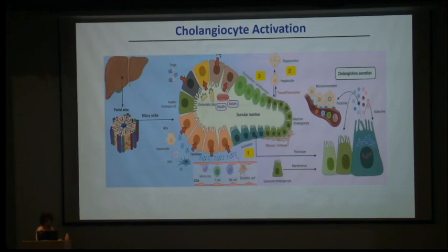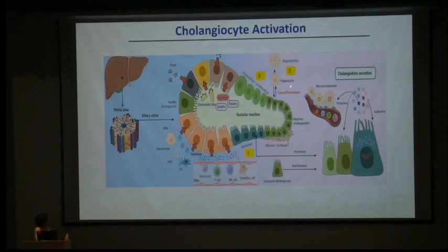The small and the large cholangiocytes sometimes maintain without activation, but once they are activated, they start secreting cholangiocrine secretions, which are autocrine and paracrine.